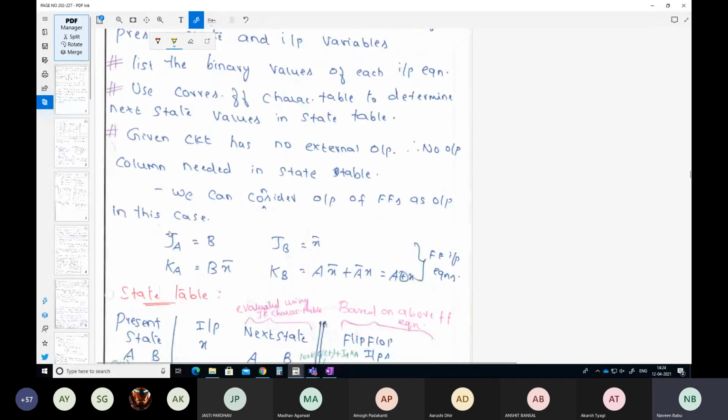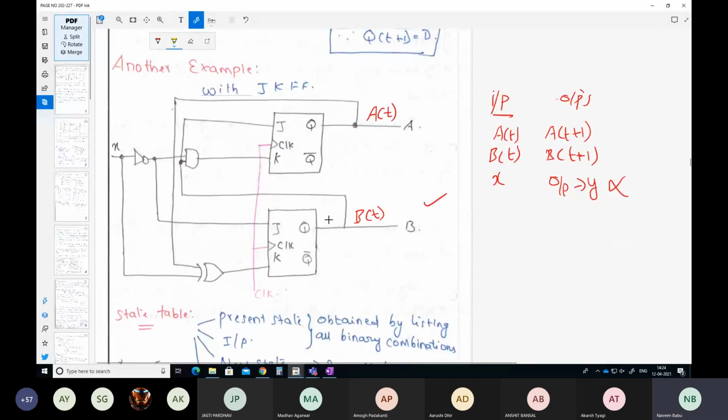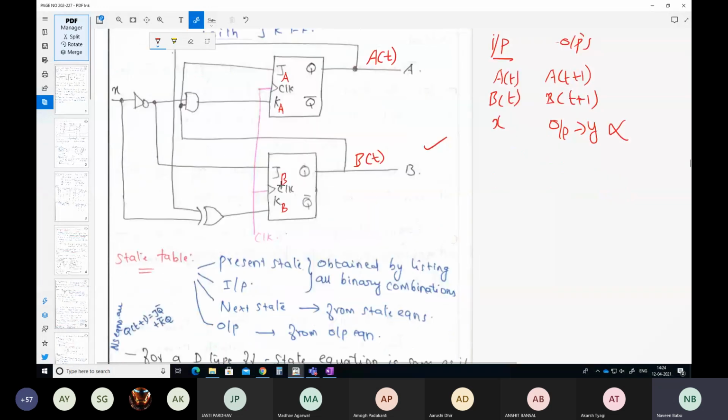In the previous case we just had a D flip-flop, whereas here it is a JK flip-flop. So your JK flip-flop will have different input equations for JA and KA. Why? Because J and K have different characteristic equations. Similarly, JB and KB will have different characteristic equations, next state equations.